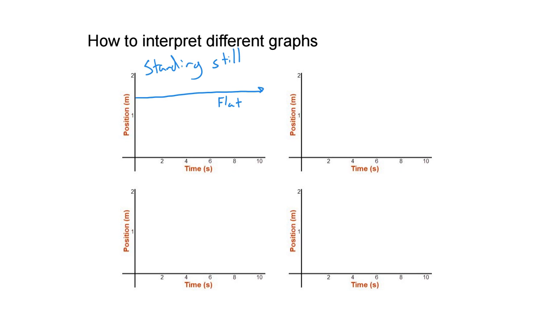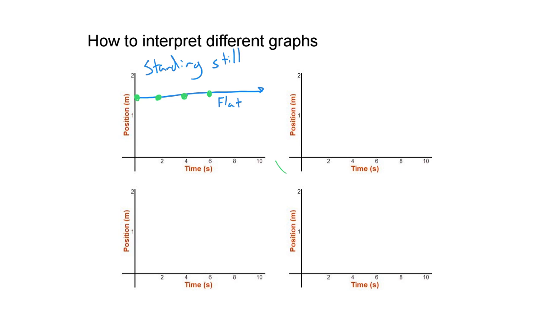I just set the tennis ball down 1.5 meters away from myself, and then I don't move it. I check 2 seconds later, it's still 1.5 meters away. I check another 2 seconds later, it's still 1.5 meters away. So it's never moving, but time is moving forward, so that's why we see this arrow moving to the right, but it's not going up or down because the position away from me stays flat at 1.5 meters.